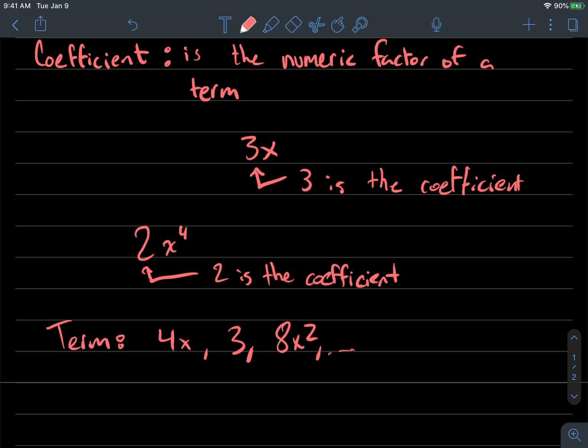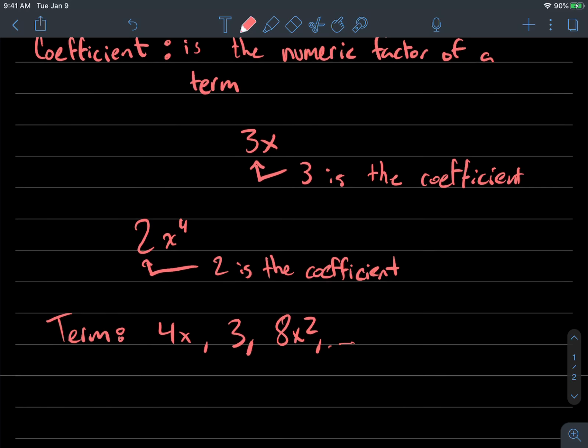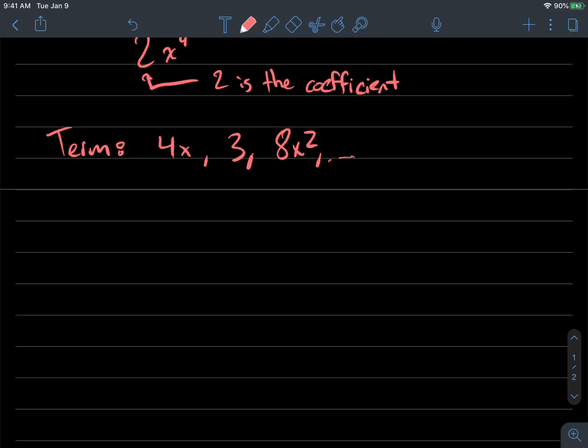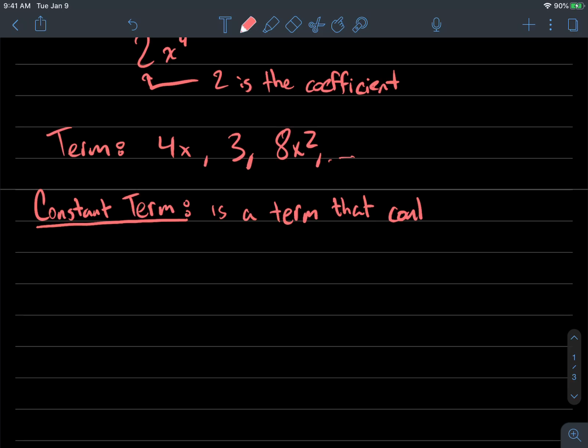Let's see. What's the next thing we need to know? The next thing we need to go over is what we call the constant term. A constant term is a term that contains only a number.